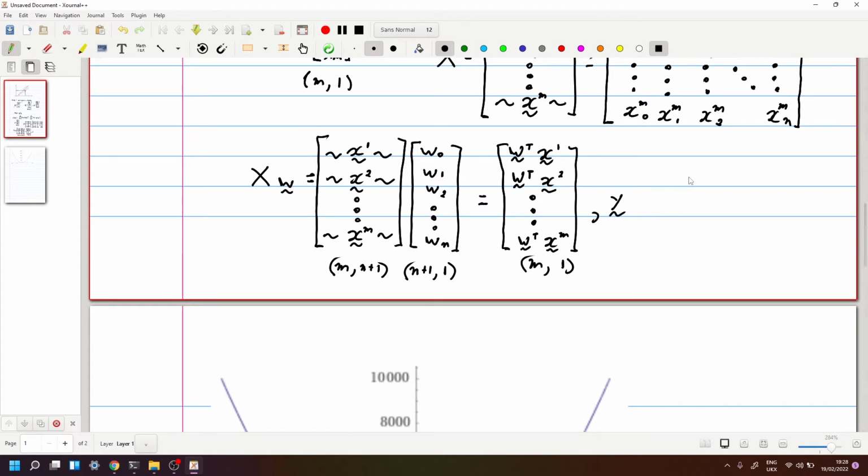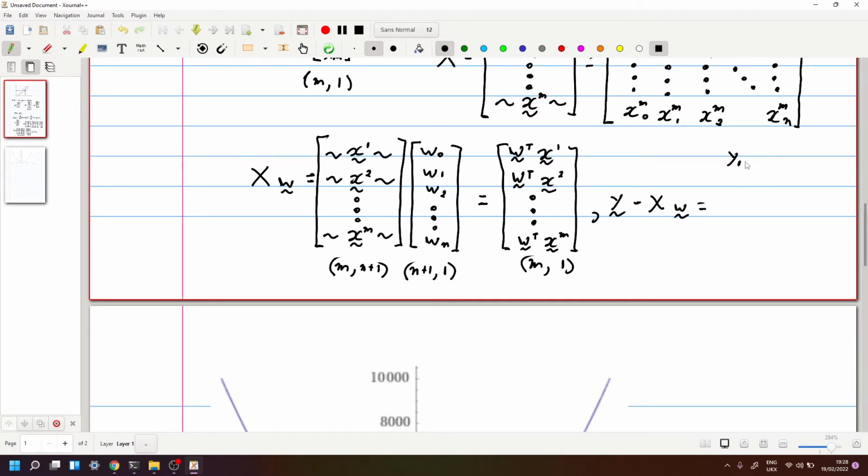Now, if I consider this particular vector subtraction here, we get something very interesting indeed. We're going to get y minus this result here, and y has the same dimensions as the result of this multiplication, so we can just do it component-wise, as you'd expect.